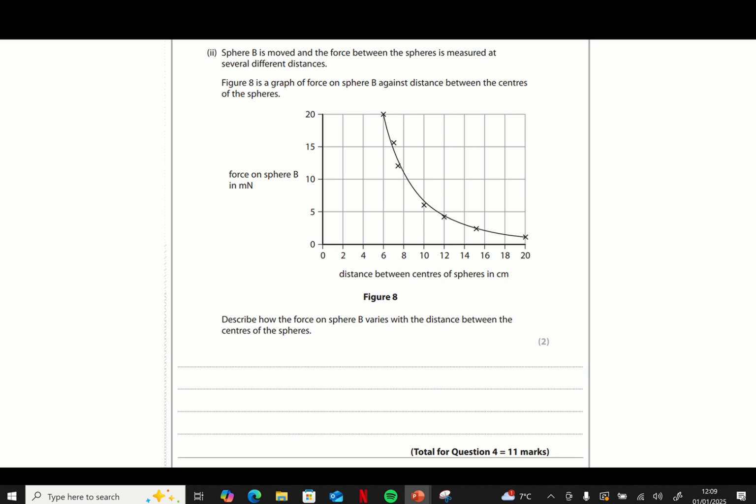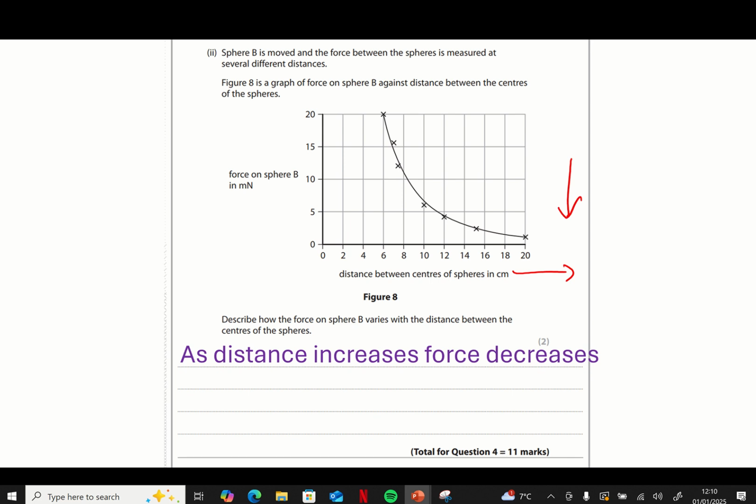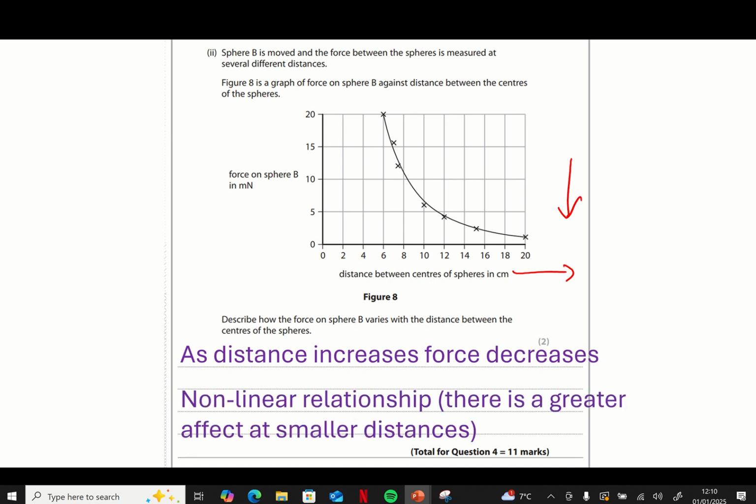So it's now: state the relationship and then say whether it's linear or non-linear. So as distance increases, force decreases. Easy. And the next part is, it's a non-linear relationship.